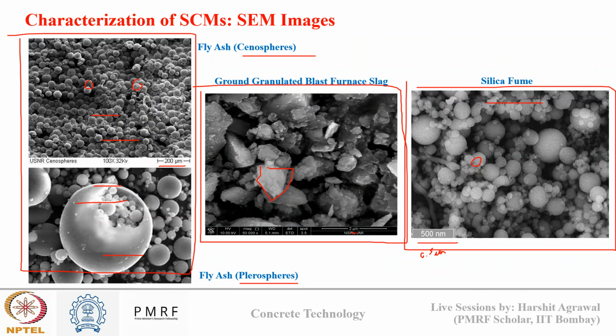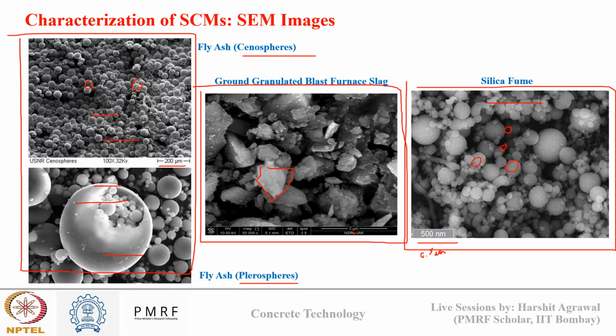If you see fly ash here, the scale was 200 micrometer. However, for silica fume, the scale is 500 nanometer, which is equivalent to 0.5 micrometer. So these are very small, tiny, spherical particles, almost 10 to 15 times smaller than fly ash particles.